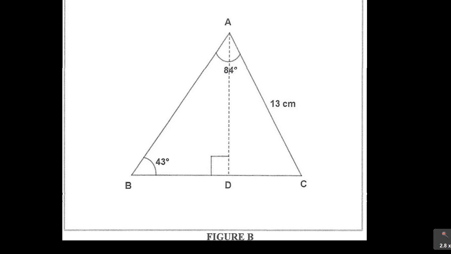One of the easier or quicker things to notice was that you could have found this angle. These are angles in a triangle. Remember, the sum of angles in a triangle is 180.